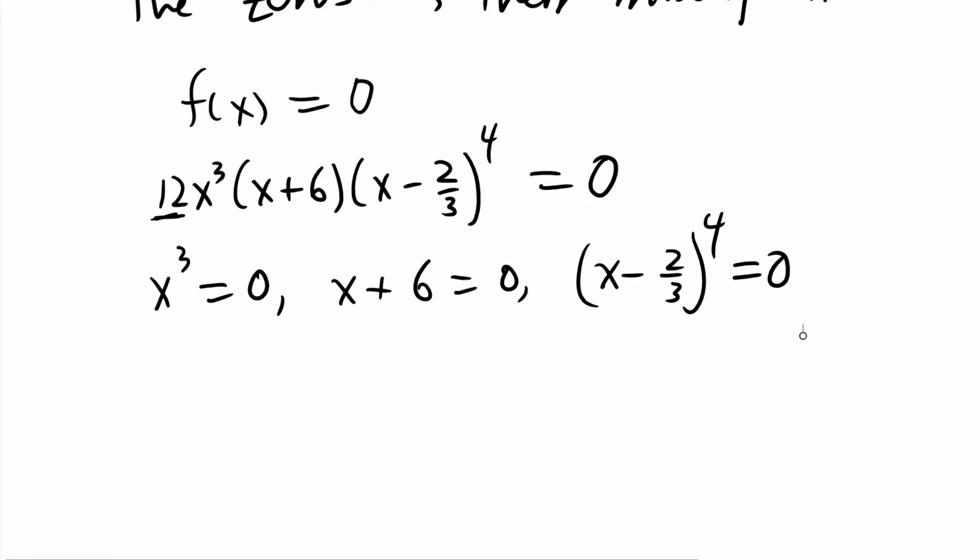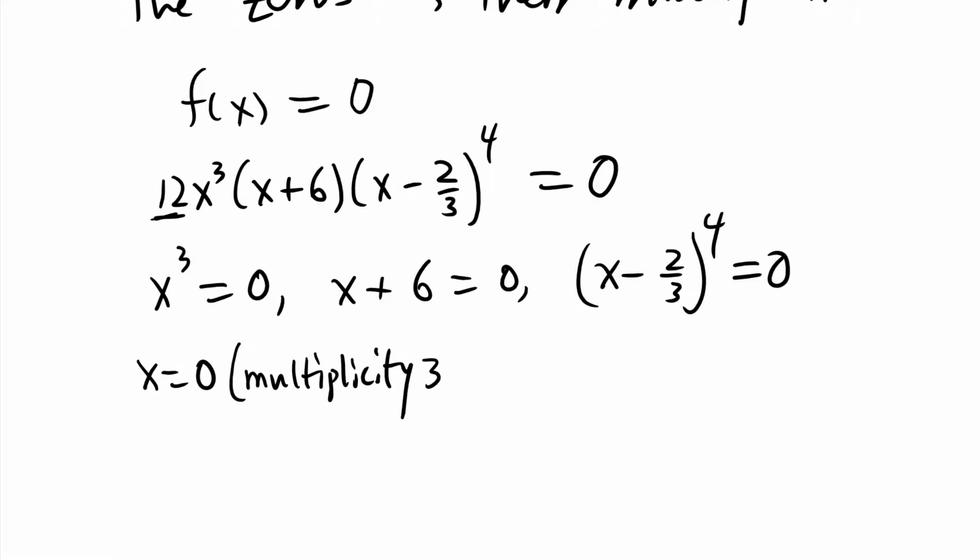Now to finish this up, this would give us 0 with multiplicity 3, which means it repeats 3 times.